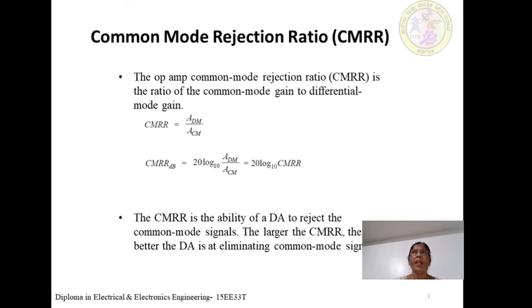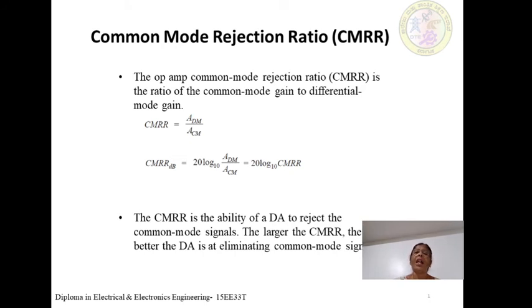Common mode means the two inputs are in phase, and differential mode means the signals given to the differential amplifier are the difference between the two inputs. V1 is different from V2 in phase, and those two signals are given to V1 and V2.